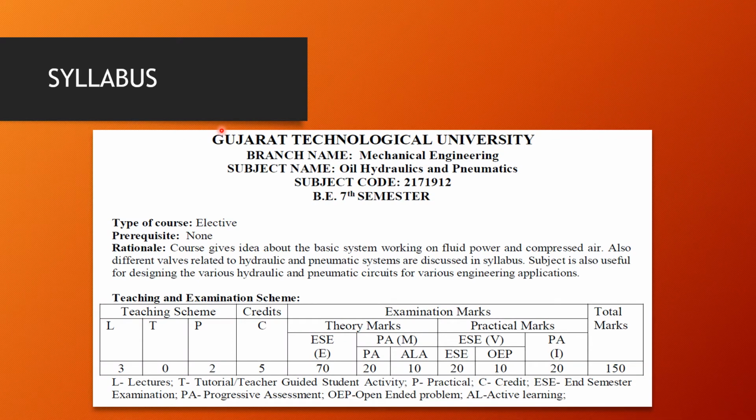This subject was introduced by the Gujarat Technological University in the 7th semester of the Mechanical Engineering Department, and it was also introduced into the 5th semester of the same branch this year. This slide shows the teaching scheme of this subject.